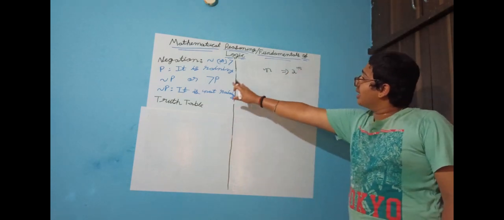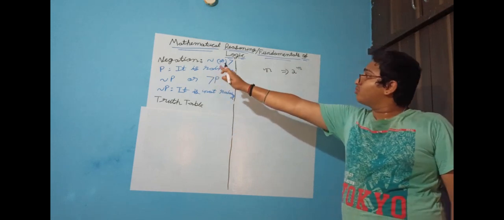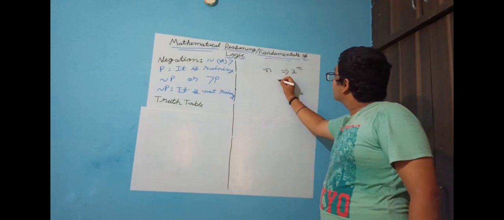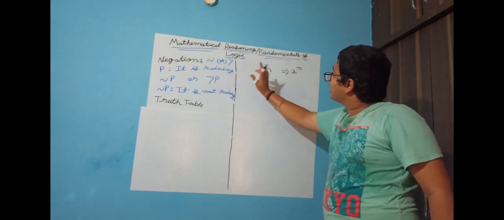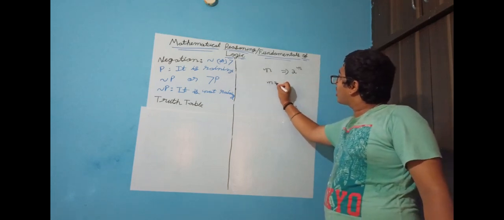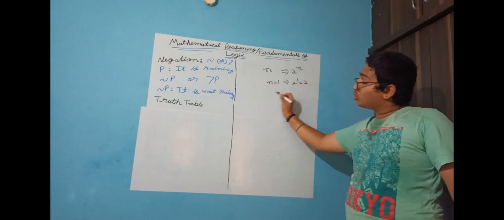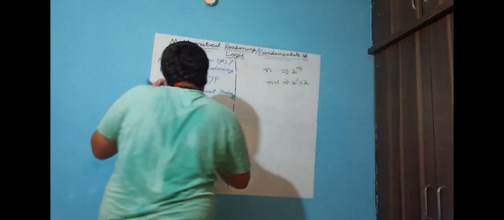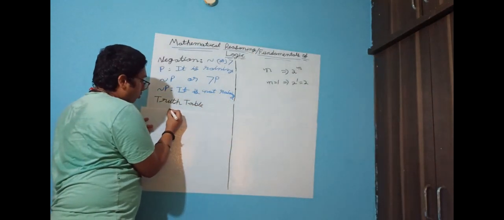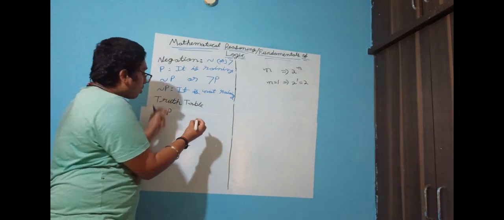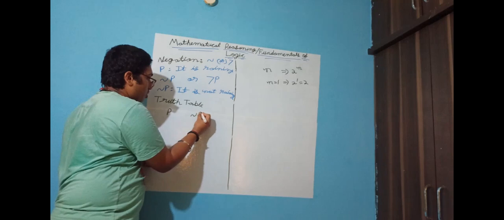Here we have considered only one, P, so n equals 1, which implies 2 power 1, nothing but 2. Two values we will get inside it: one for P and one more for negation P.